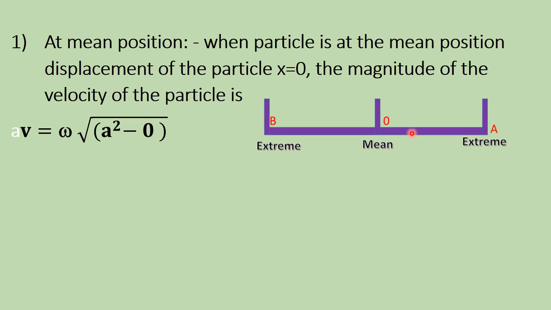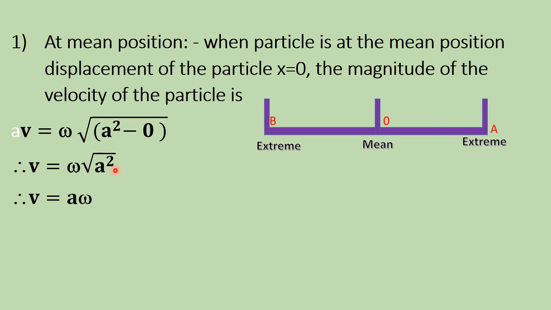Therefore the velocity of the particle is given by v equal to omega into the square root of a square minus 0, substituting the displacement as 0 here. We get v equal to omega into the square root of a square.